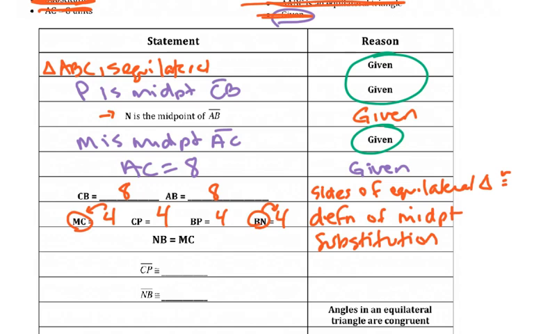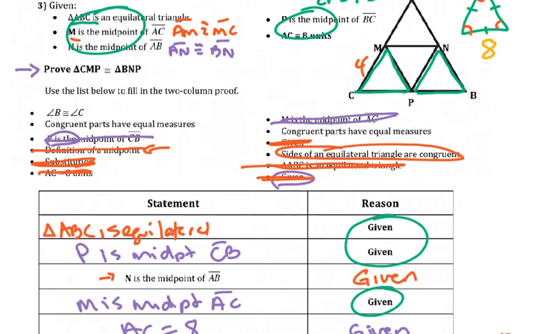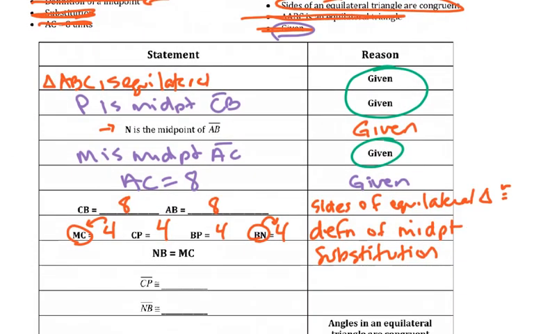The next thing it says is CP is congruent to. What is CP congruent to that I would care about in these triangles? CP is congruent to BP. That's what I care about in this particular problem.